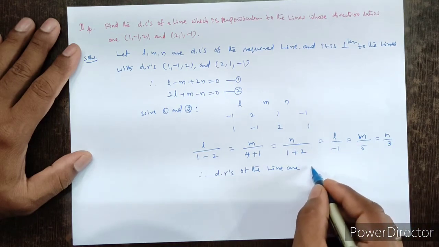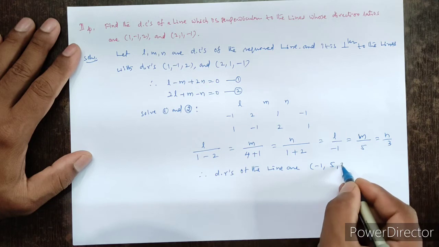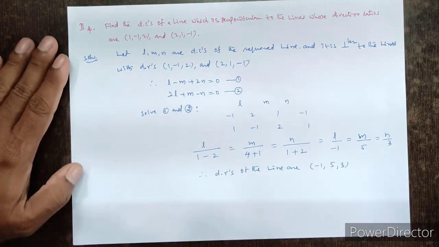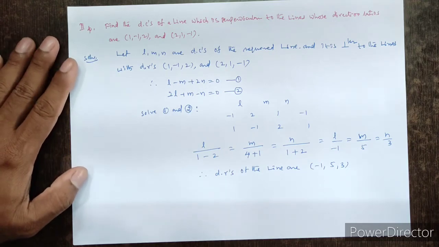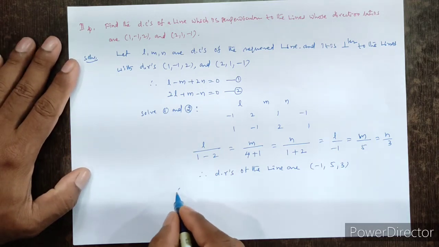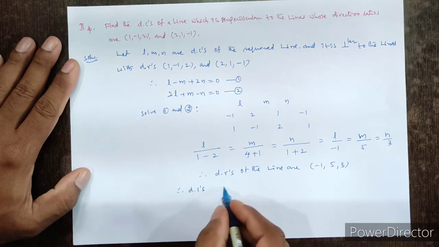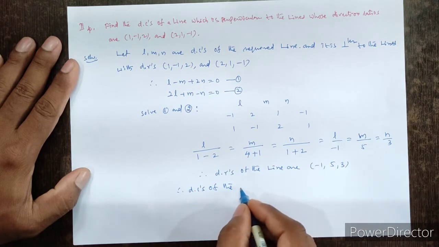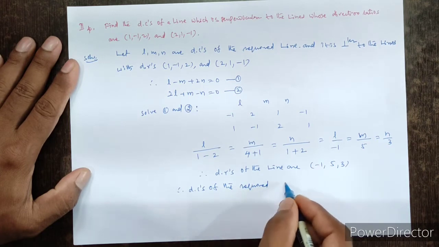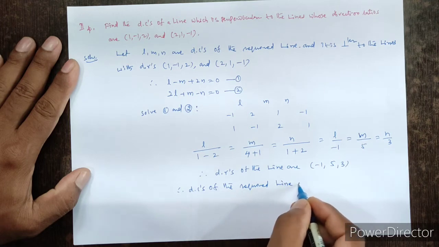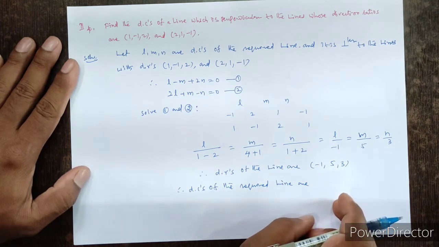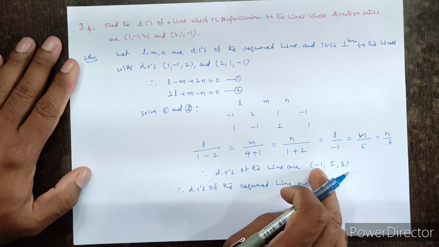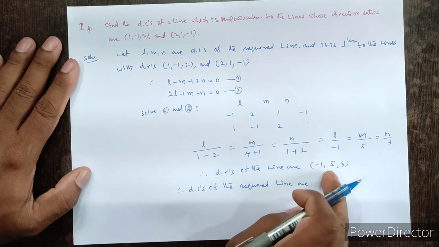So minus 1, 5, 3 are the direction ratios of the required line, but we should find the direction cosines. Therefore the direction cosines of the required line are, as we already know, a by root of a square plus b square plus c square, and so on.